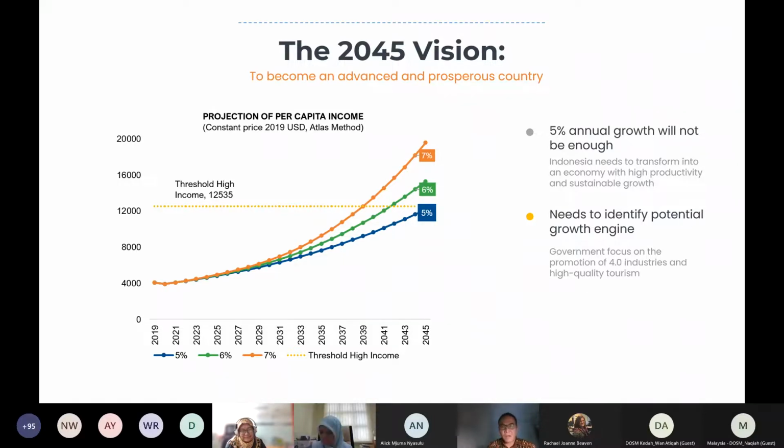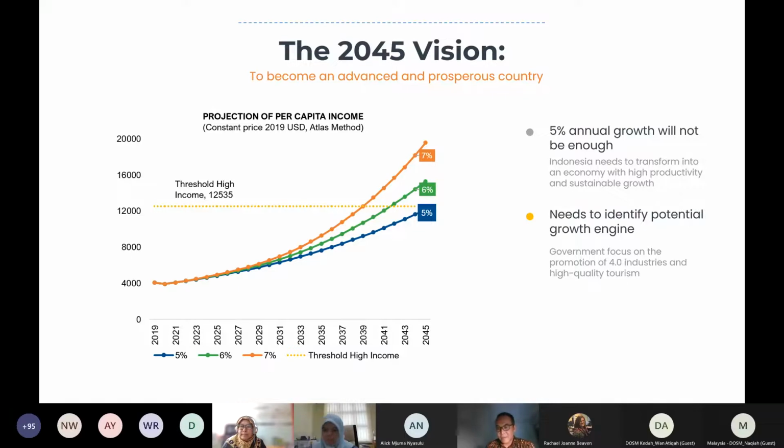Based on our assessment and projection, if the economy grows at our traditional trajectory of 5% annually, it would not be enough to transform our economy from a middle income country to a high income country. So at least we have to grow above 6% annually.